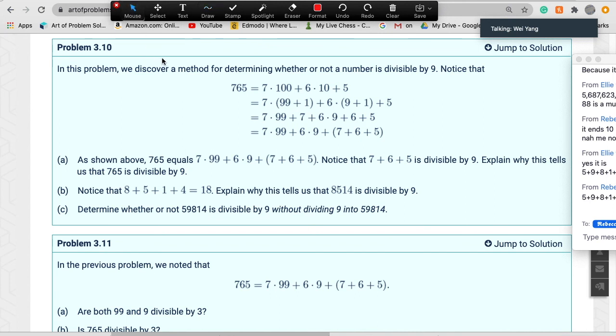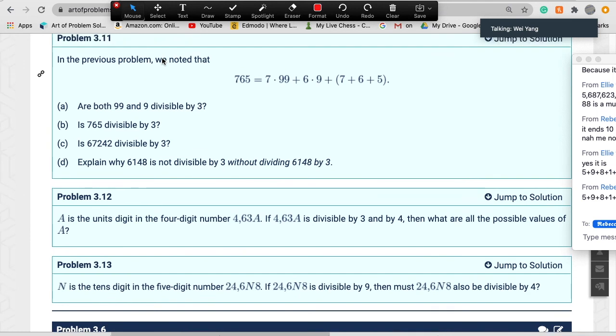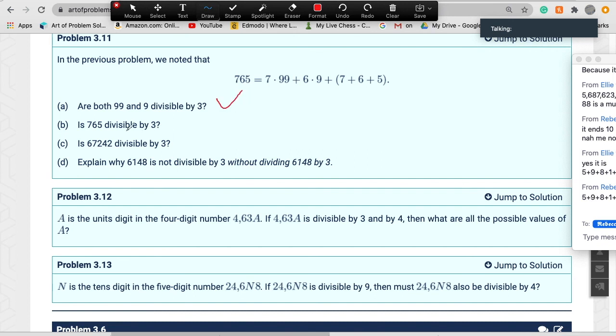Very good. Now let's say 11. In the previous problem, we noticed that 765 equals this. Are both 99 and 9 divisible by 3? Yes. So that means this one is yes. Now is 765 divisible by 3?